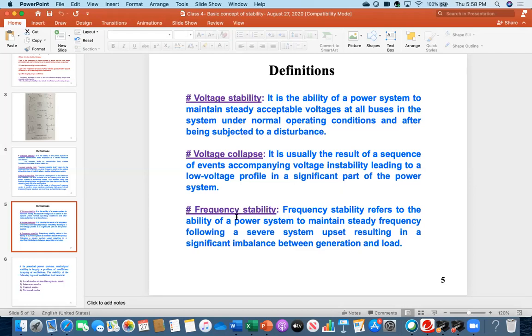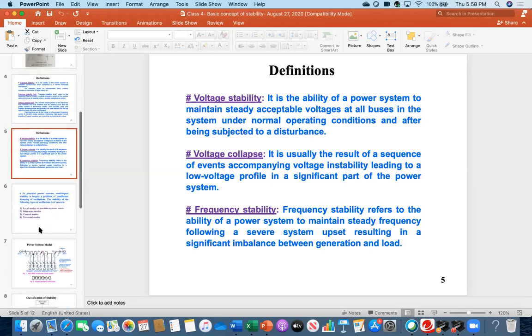Therefore, again, it is treated differently, although it is interrelated, sometimes as a completely different chapter or a different stability, because it has been seen in real practice. Although voltage came back, the power came back, reactive power is being maintained, and rotor angle is being maintained, still frequency did not come back to an acceptable limit. So that is the frequency stability issue. That's why each is treated separately.